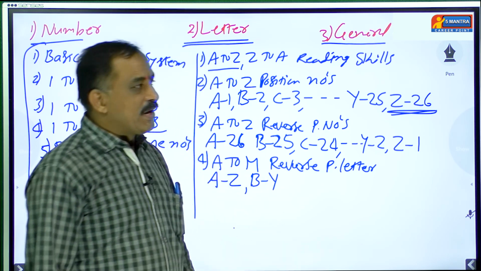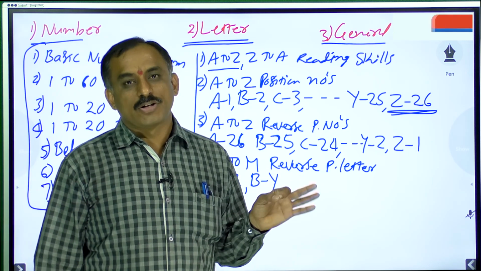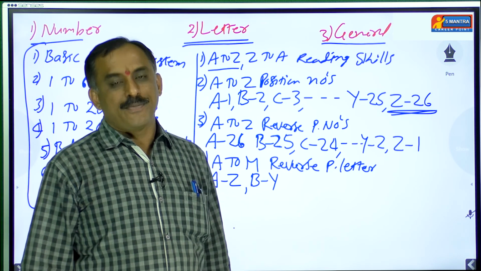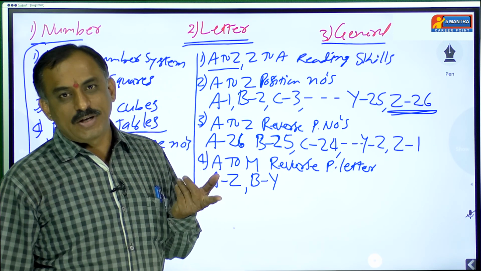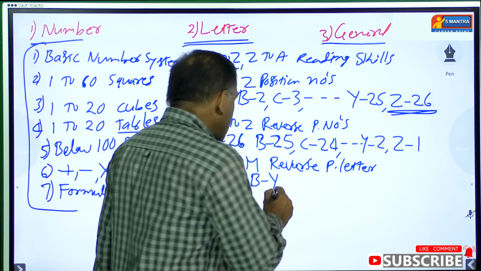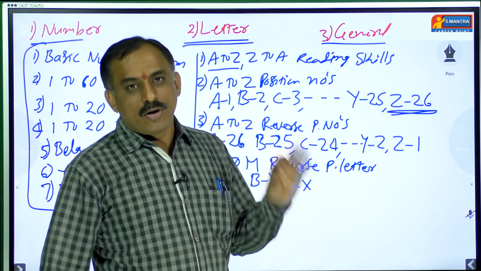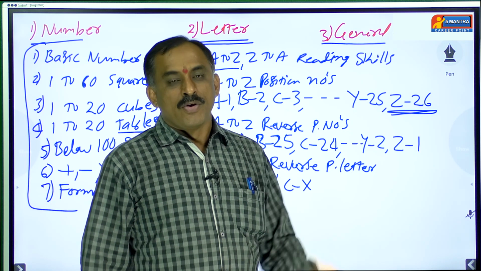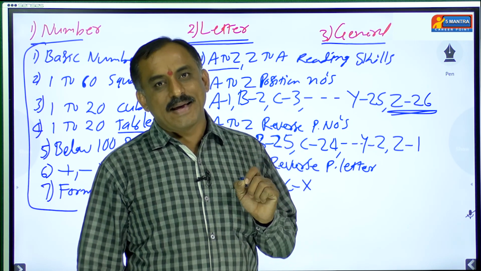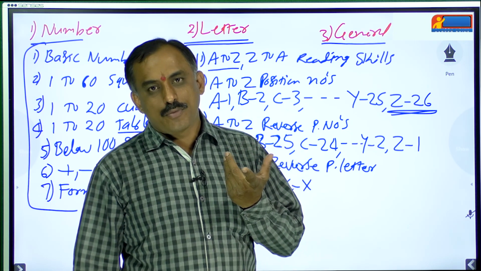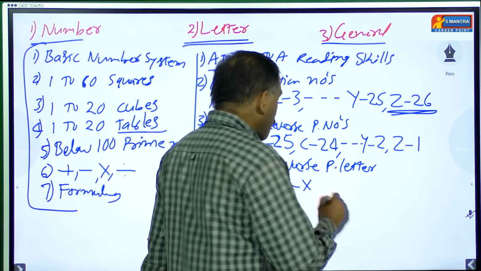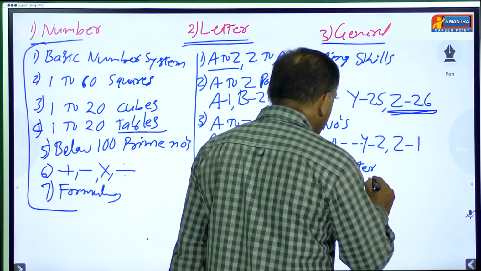Its reverse position is second letter from last. Second letter from last is Y. And what is Y reverse position letter? B. C is the third letter. Its reverse position is third letter from last, that is X. If C's reverse position letter is X, then what is X reverse position letter? C. So please practice up to M only.